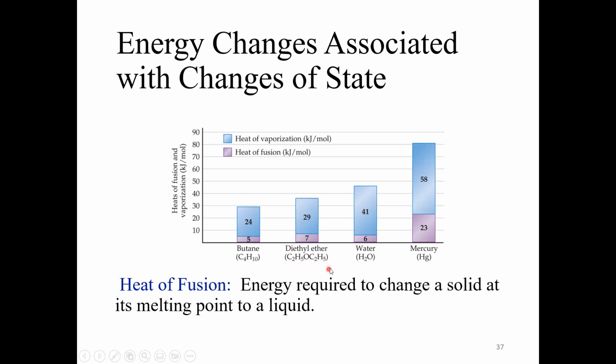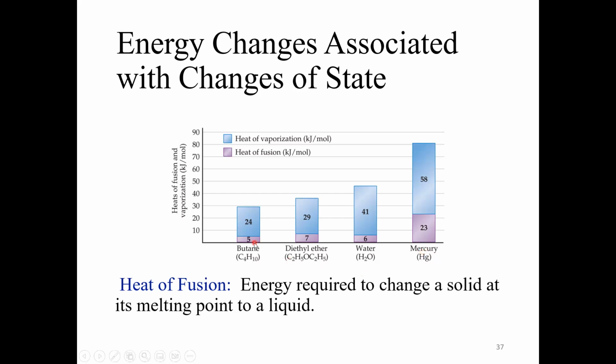This is going to have dipole-dipole interaction because it's going to be a polar molecule. Whereas water is going to have hydrogen bonding just because we've got the hydrogen bonded directly to the oxygen. And then mercury is going to be nonpolar, but it's going to be a very large atom.